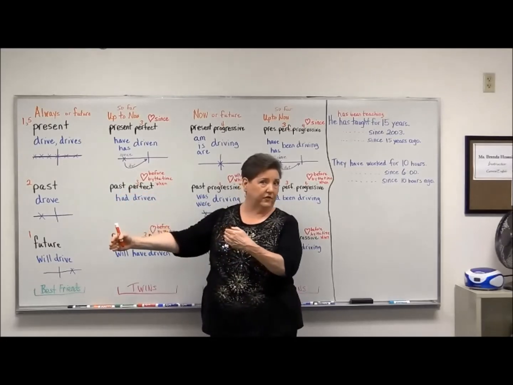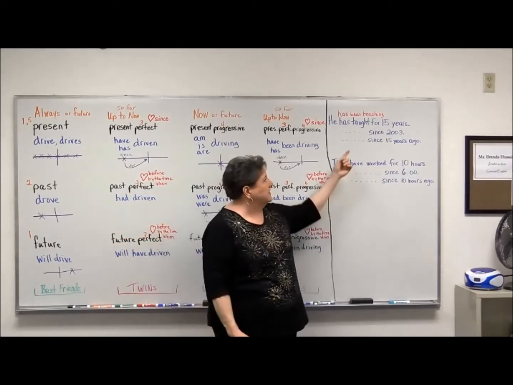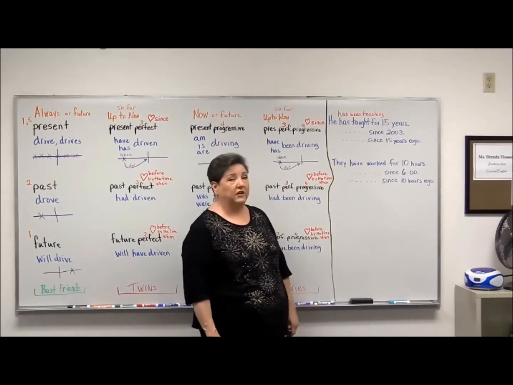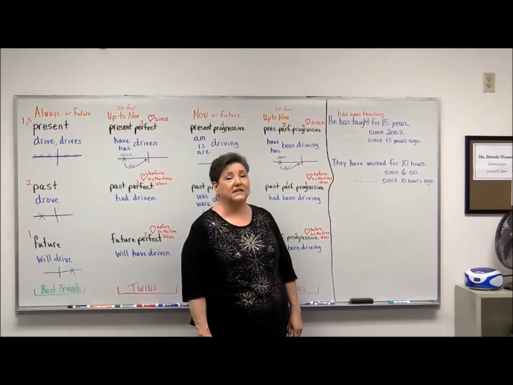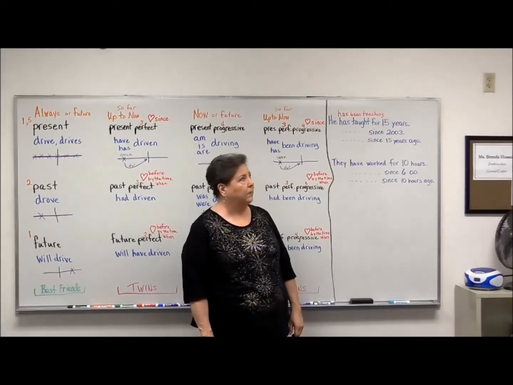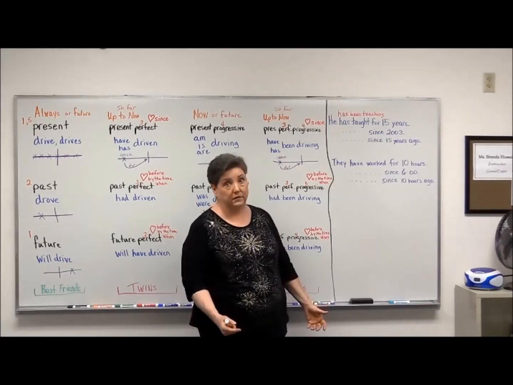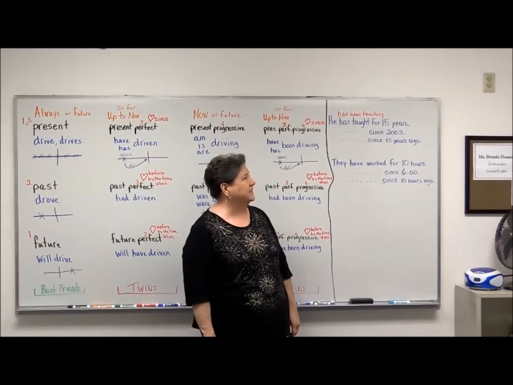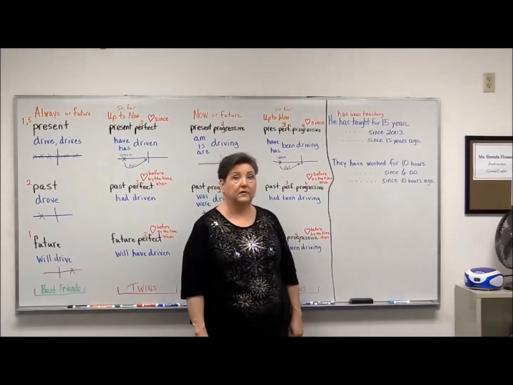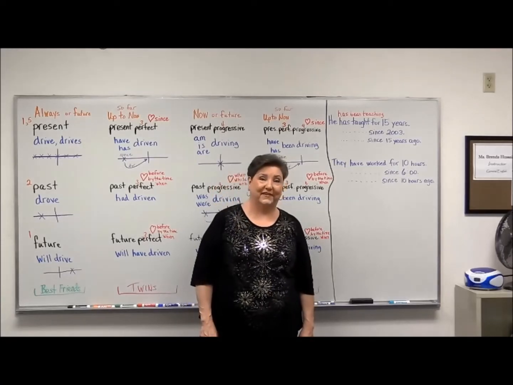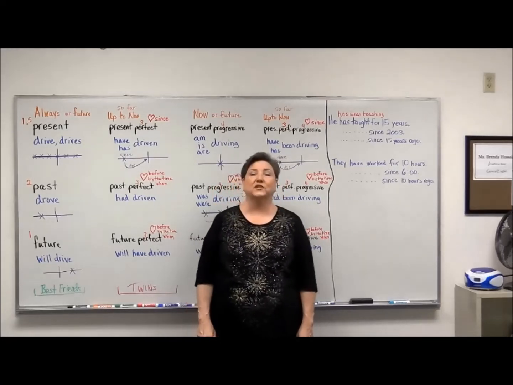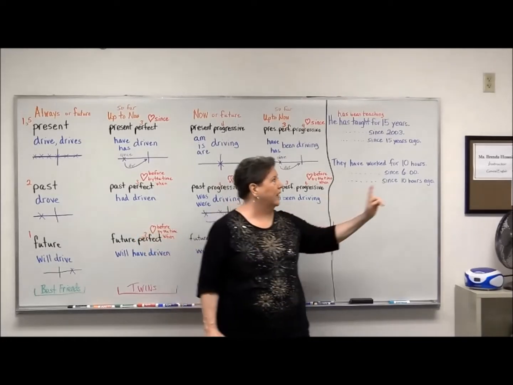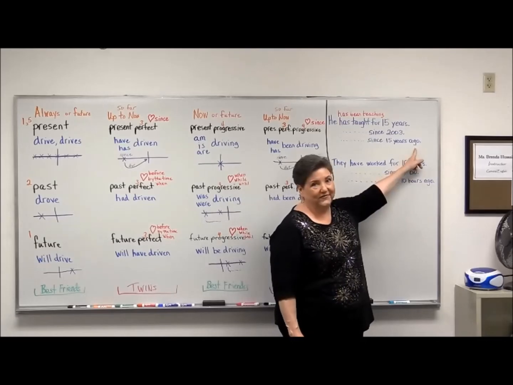For, amount of time. And that's the examples I have written for you here. He has taught for 15 years. He has taught since 2003. But there's another example. He has taught since 15 years ago. Yes, you can use the word since with the amount of time if you say ago.